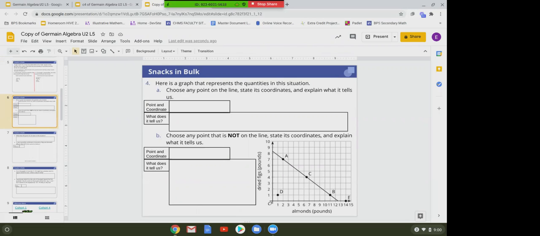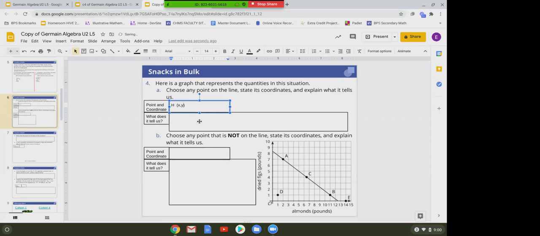We need to choose any point on the line, state its coordinates, and explain what it tells us. So first off, I want you to give me a letter of a coordinate. So you could do like H, and then I want you to, in parentheses, write what that coordinate is. Right? So it'd be X comma Y.